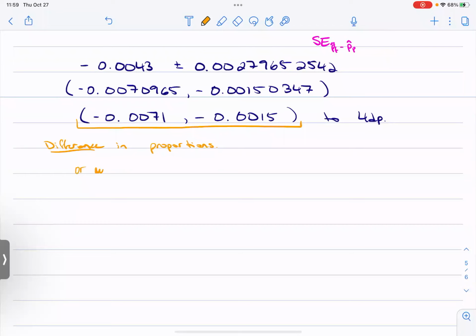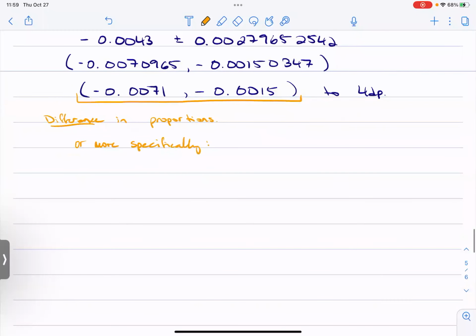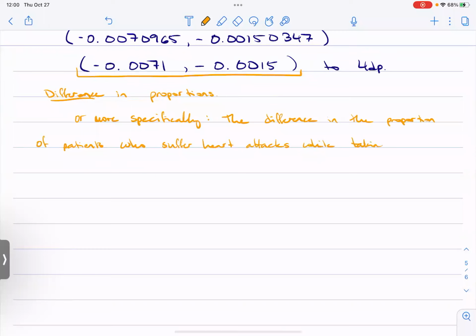So, or more specifically, the difference in the proportion of patients who suffer heart attacks while taking fish oil versus the placebo.